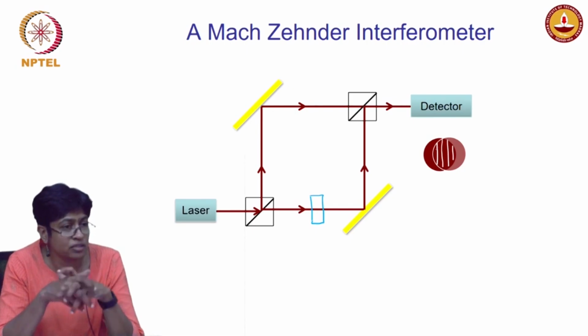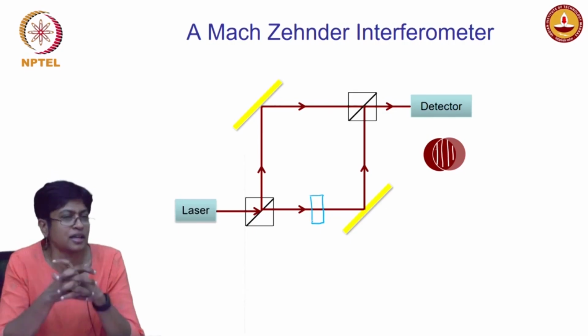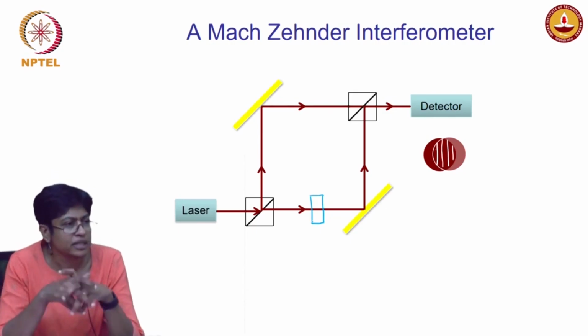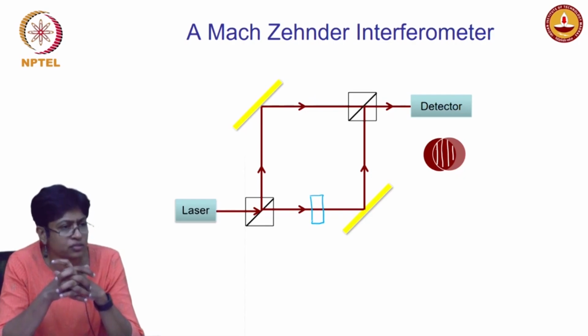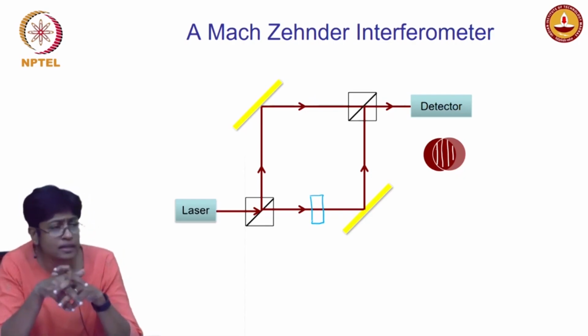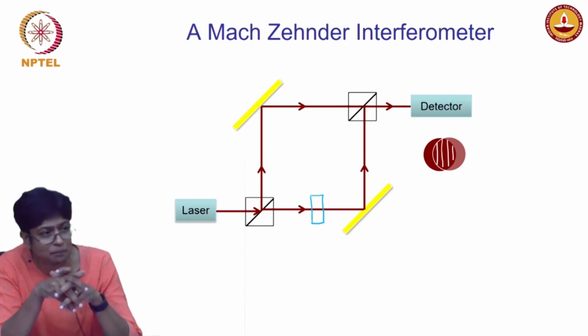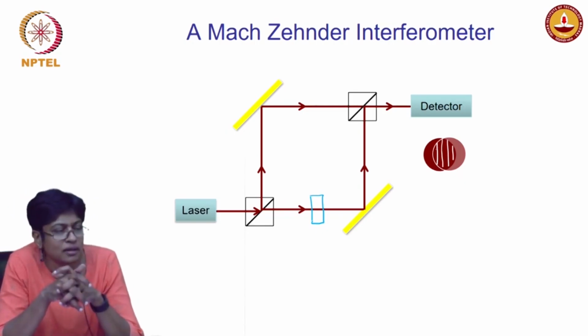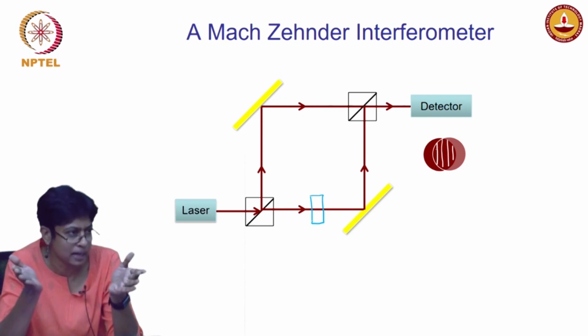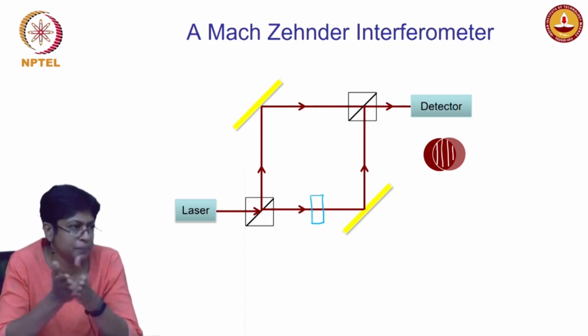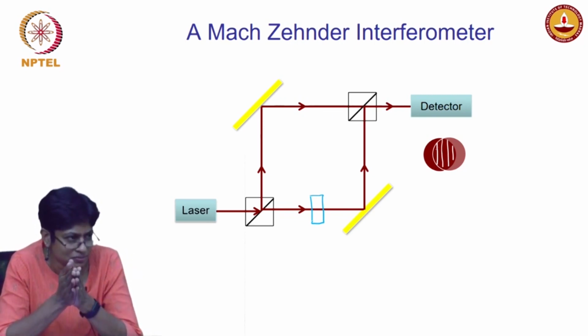Say I have a phase difference, I think we had this discussion yesterday. If I have a phase difference that relates to a length difference of lambda, and a phase difference that relates to a length difference of 2 lambda or 3 lambda or 4 lambda, can I really make out the difference? I can't. So finally it's lambda that matters, and actually it's lambda by 2 that matters.